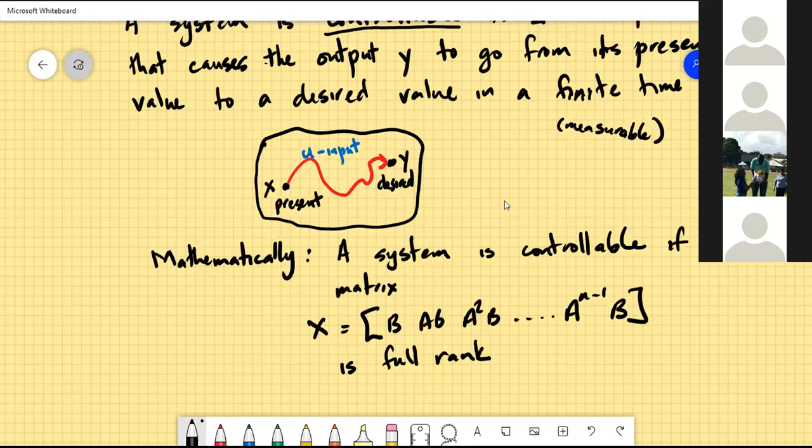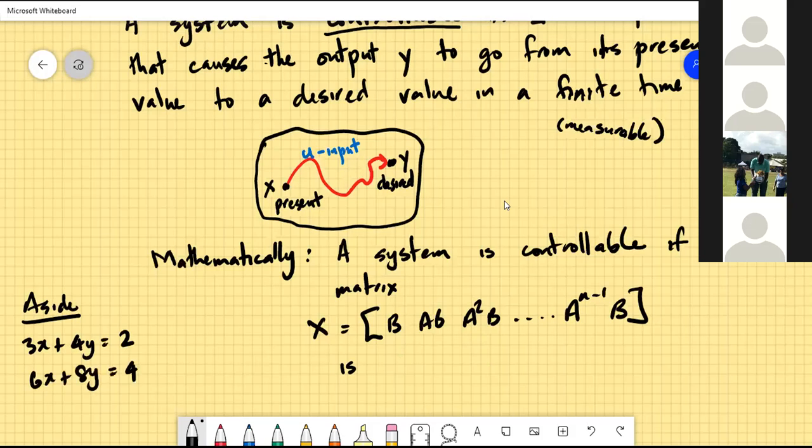So, rough work aside, let us say I have this simultaneous equation. This is my equation 1, and this is my equation 2. What can you say about these two equations?